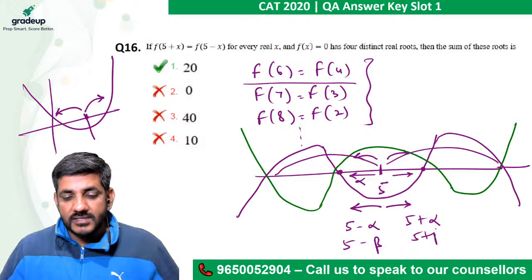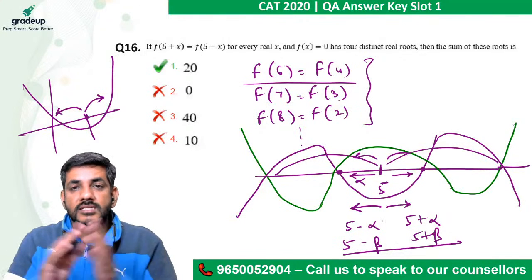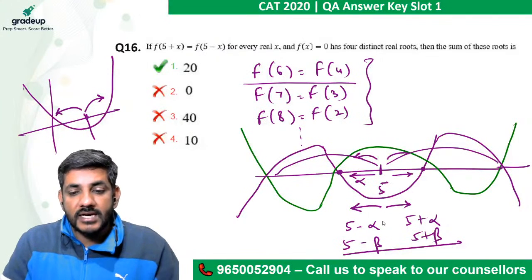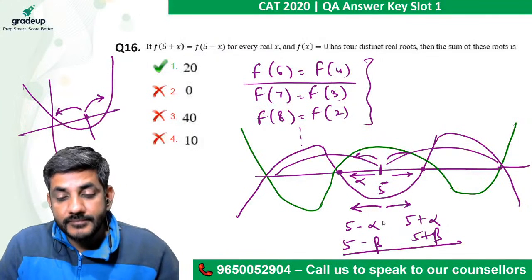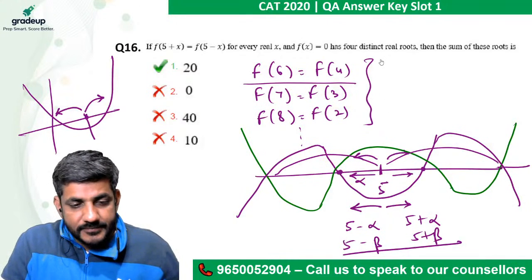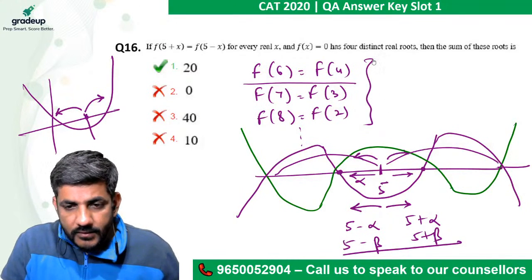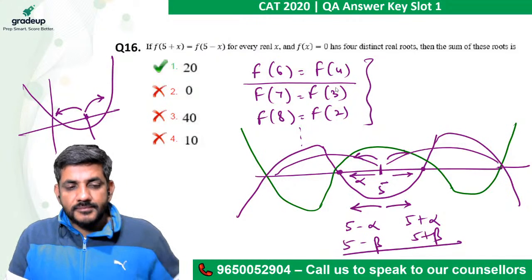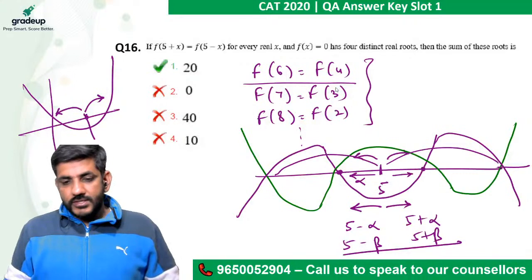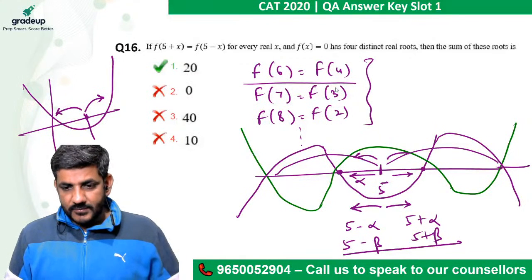And if the question is asking you about the sum of the roots, you will see that all alphas and betas will cancel out, and that way we'll get the answer as 20. Right? Is it clear now, Priyanka? Everyone else? So these are the 2 methods through which you could have answered this question.